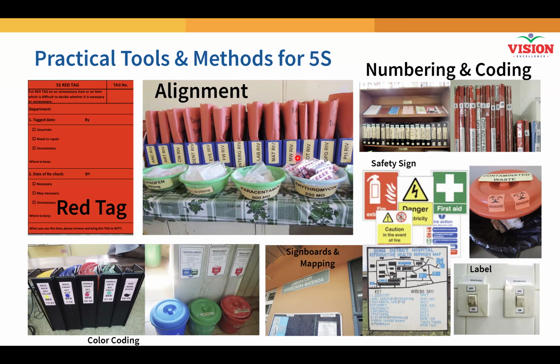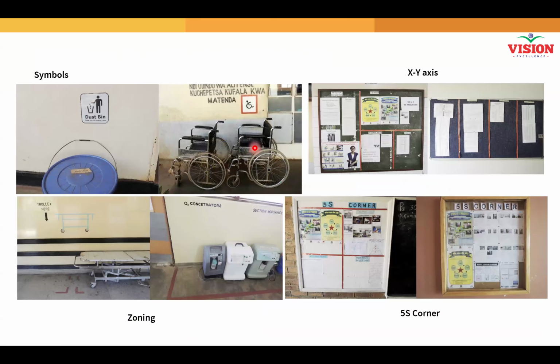These are all known as the tools of 5S. You can use whichever is relevant and found useful during your implementation stage. And a few more symbols: the XY axis. What is XY axis? You can show the before-after horizontally or vertically. Accordingly, it's known as the XY axis.